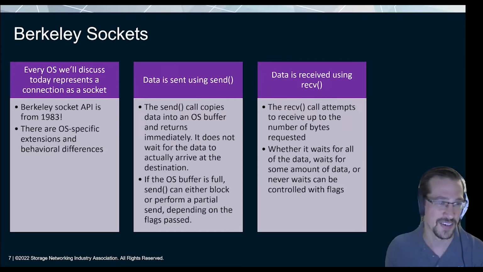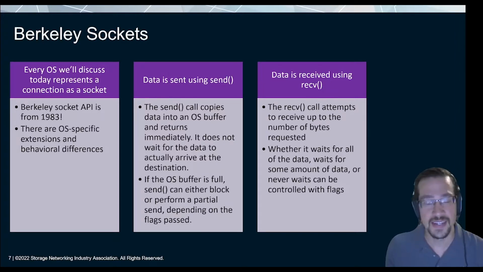It's getting up there in the years. There are many OS-specific extensions to use sockets, and also the behavior within the POSIX standard is completely standardized, but across other operating systems that don't adhere to POSIX, like Windows, there's still a socket and the API is familiar, but the behavior is not exactly the same. There will be differences.